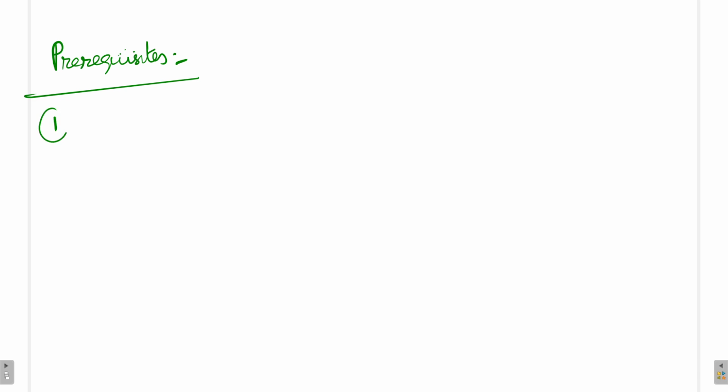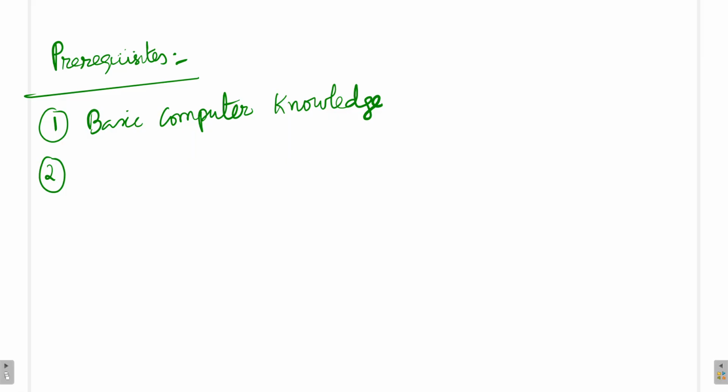First one is basic computer knowledge is sufficient. Then you have to understand how the programming code to be written. Simple logics if you understand, then it is more than enough.